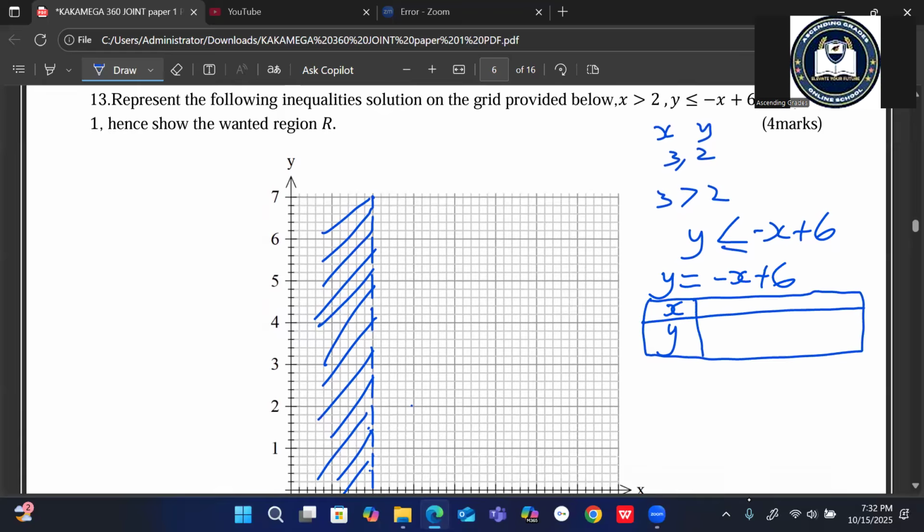The first value of x is 0, so the value of y will be 6. When our x is 1, y will be 5. When our x is 2, y will be 4. When our x is 3, y will be 3. Then when our x is 4, y will be 2.